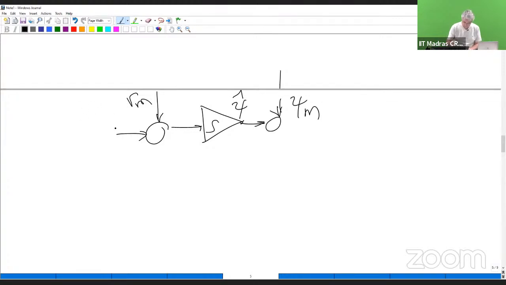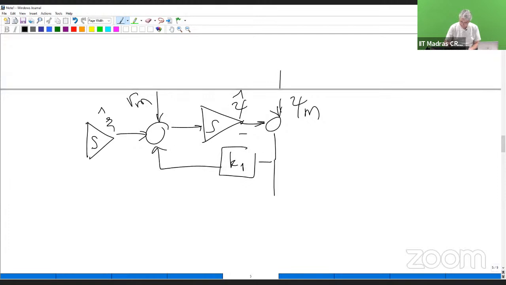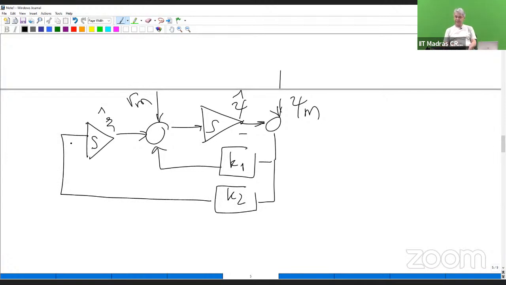This is that strange variable hat. And now you are doing minus. You get K1 and you get K2. And that's how it works.